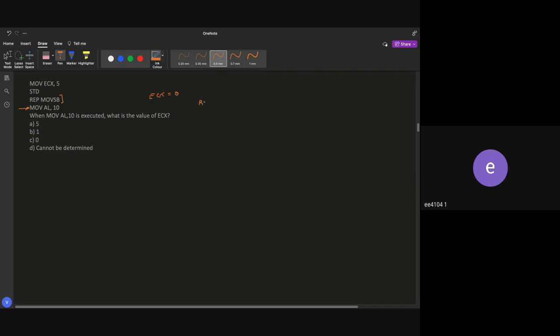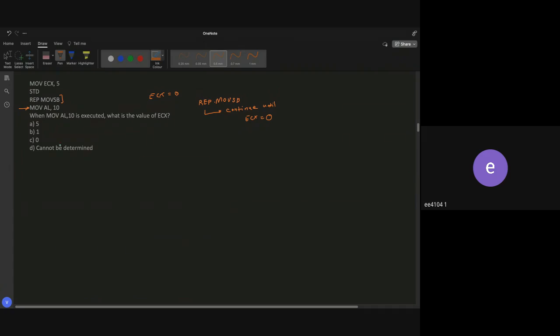So this repeat move string byte instruction will continue moving the strings until ECX is equal to 0. So if we have reached the next line of the code, we already know that ECX is equal to 0. So the correct option for this question is C.